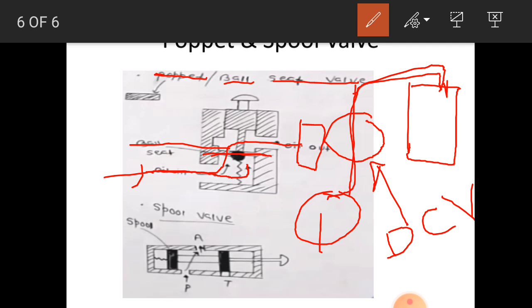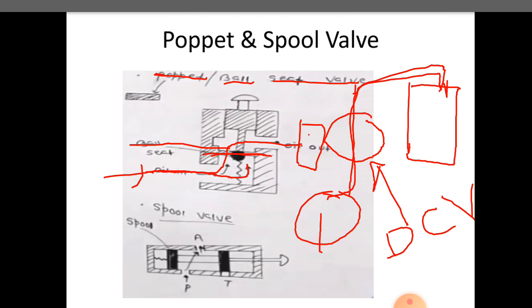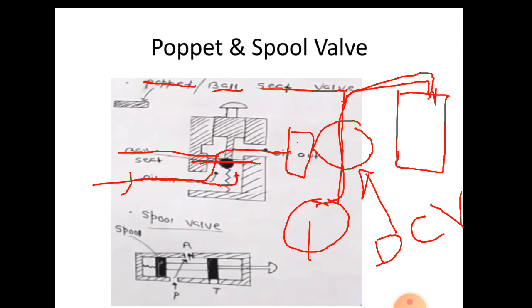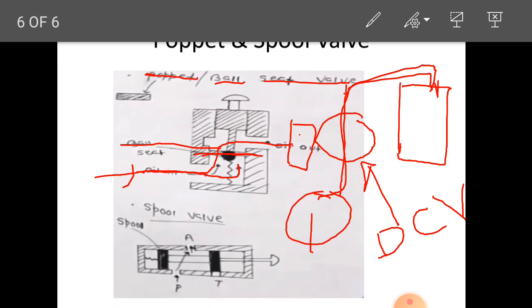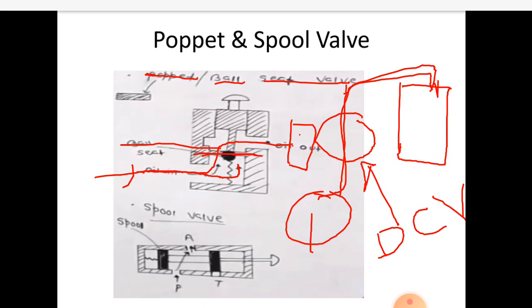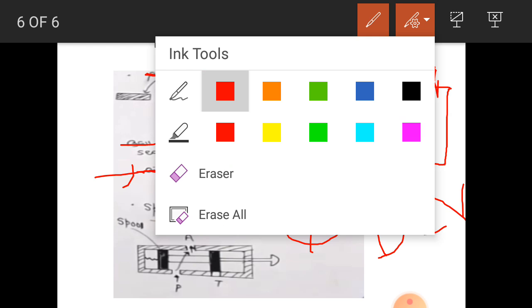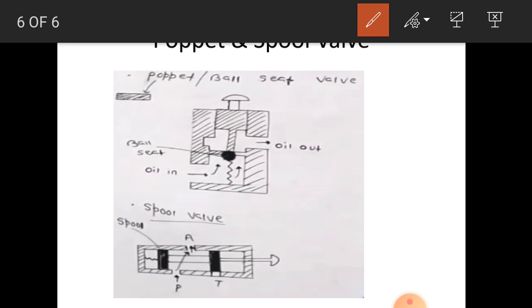So if we have to reach here, what we have to do is, there is a push button or a pull button. By operating this button, when we pull it, the position of the ball is going to be changed, so it reaches somewhere here.